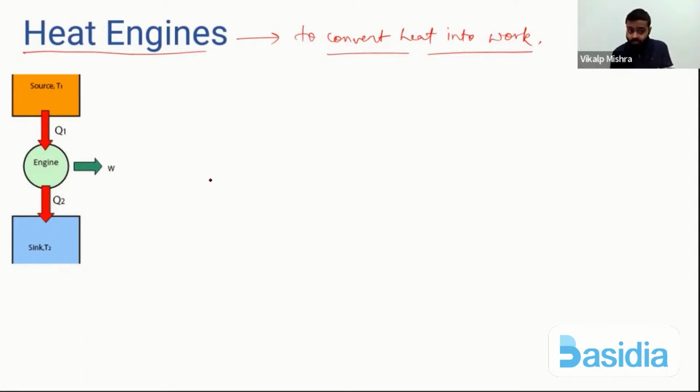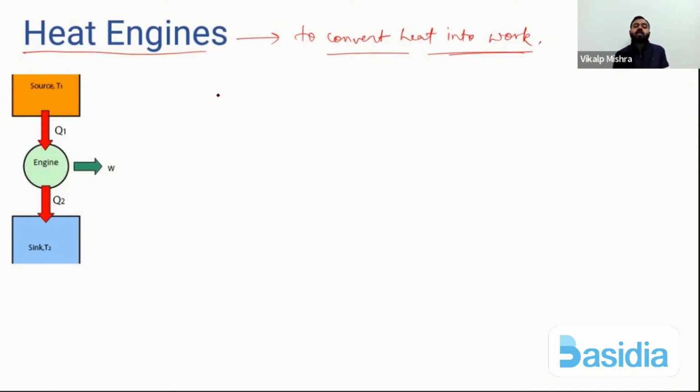That fuel burns, and the burning of fuel will provide some heat to the engine, and that heat will convert into work, and because of that work, the wheel rotates. Our automobile, that car or bike, will move. So that is the function of heat engine.